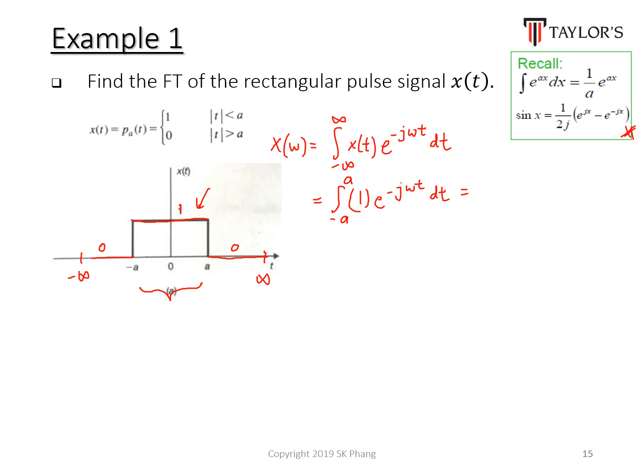So let's say this is the formula for integrating e^(at). We just do exactly the same thing. It will be negative 1 over negative j omega, and this will be e^(negative j omega t), and the limit is from negative a to a.